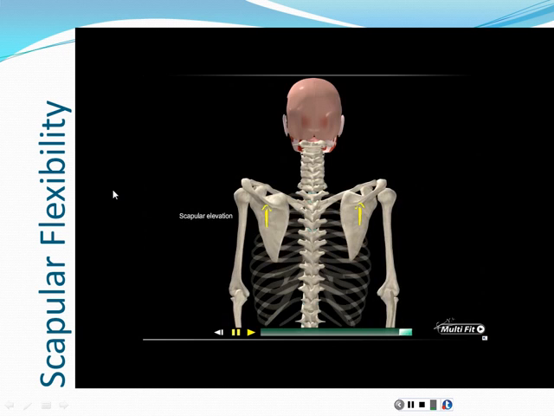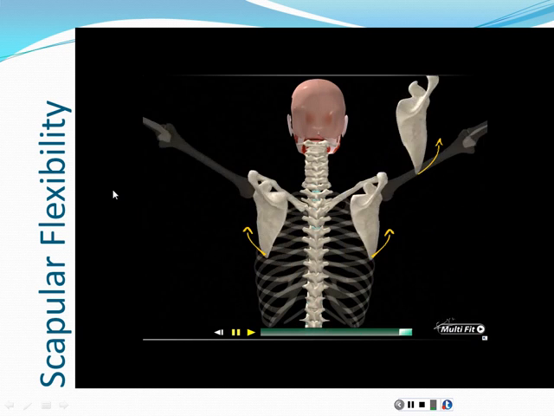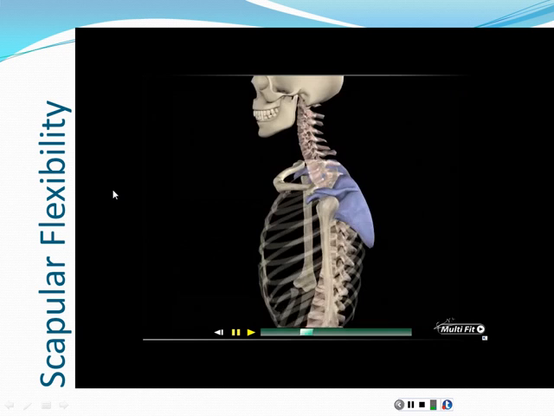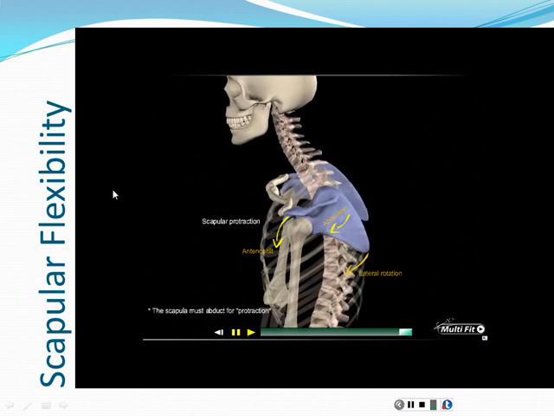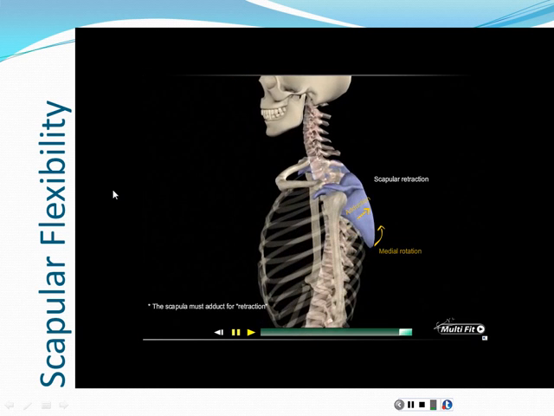So we have that sliding motion there. We can shrug our shoulders, so we can pull our scapula up, and we can push them down. They can slide up and out, like when you do a jumping jack. Literally, the scapula slide up so that we can touch our hands above our heads. And then we have that sliding down and sliding back.